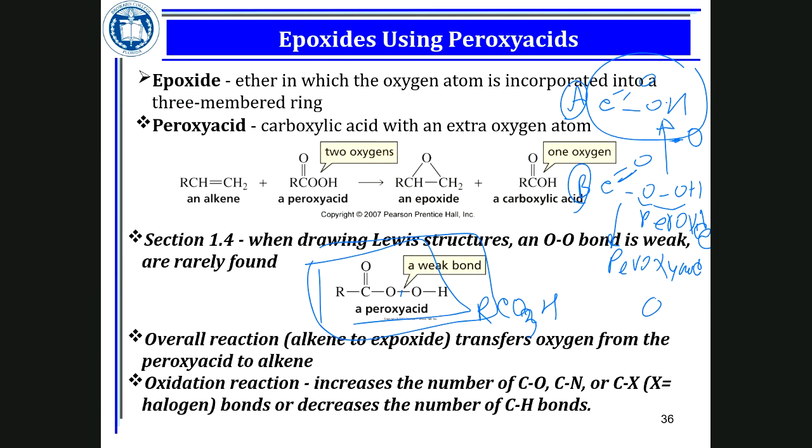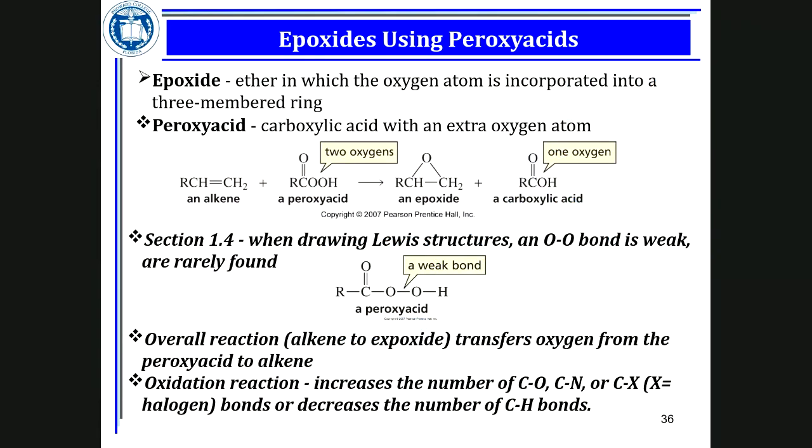Here you have peroxy, there you have oxy, going to more stable. One thing you need to know: peroxides are very unstable, oxide is more stable. An O-O single bond is unstable, so it can go to carboxylic acid.